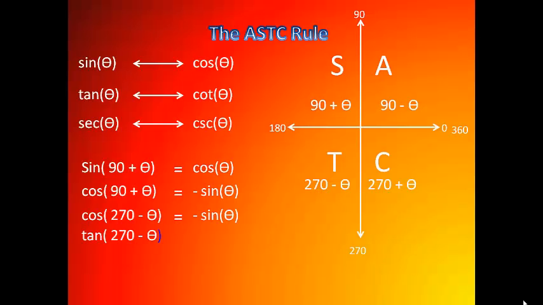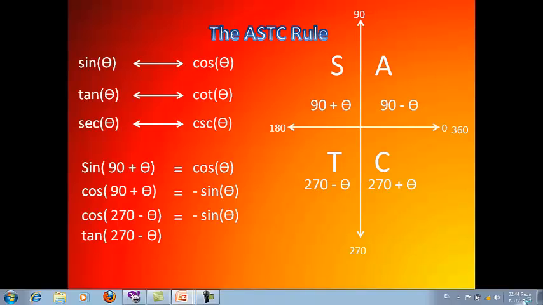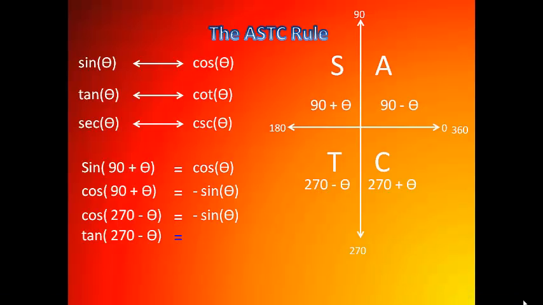Tan 270 minus theta. 270 minus theta lies in the third quad. Its home is tan, and we are talking about tan, so no need for a negative sign. But 270 will convert tan into cotan, so the result will be cotan theta.